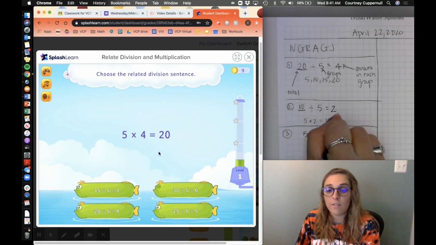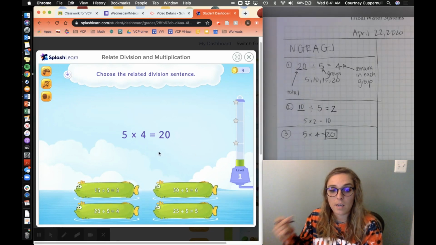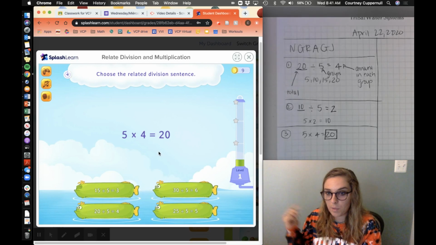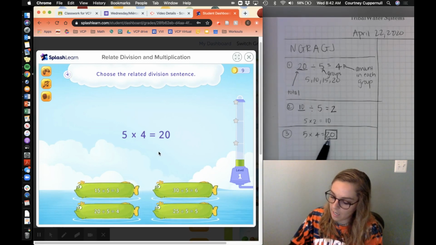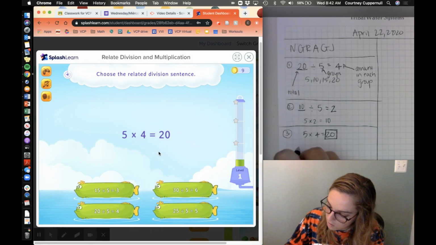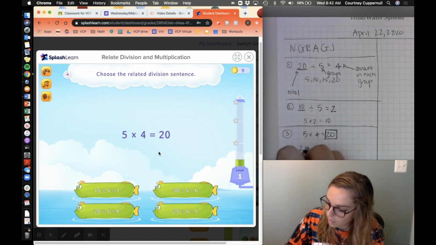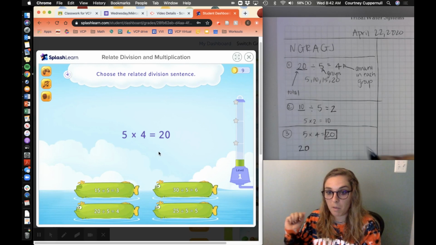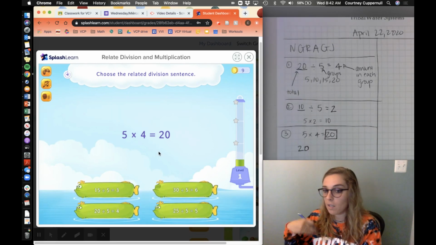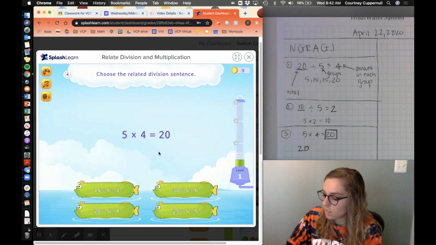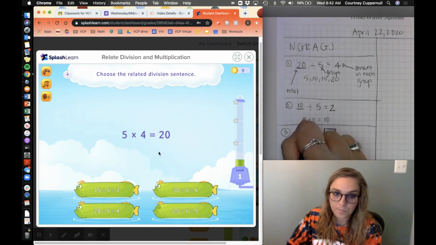I know that in division, because it's the opposite of multiplication, if I end with this total in multiplication, I need to split that total apart in division. So this would be 20 something, 20 stars maybe, 20 Cheerios, 20 marbles split into.